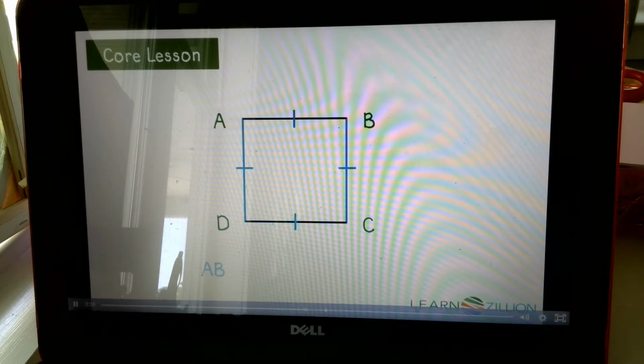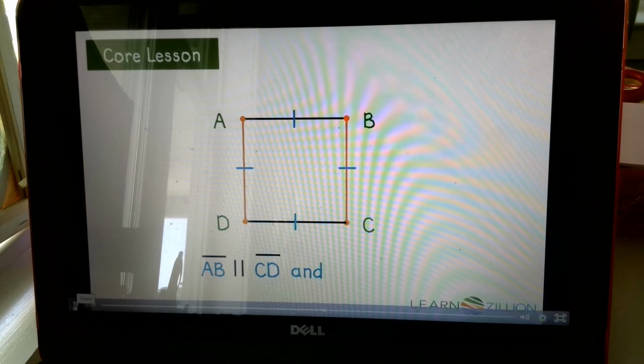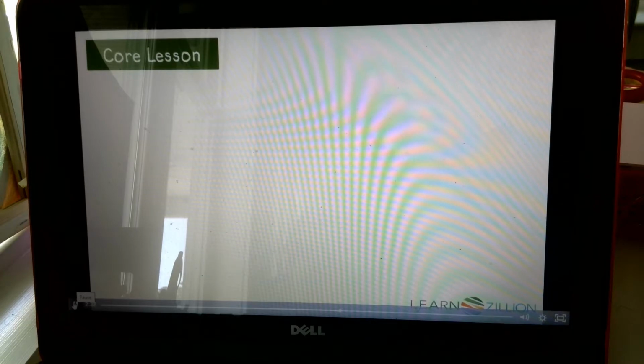So we have line segment AB is parallel, that's what those two lines mean, to line segment CD. And we have another pair of parallel lines. Line segment DA is parallel to line segment BC. So let's look at inside the square at the angles.